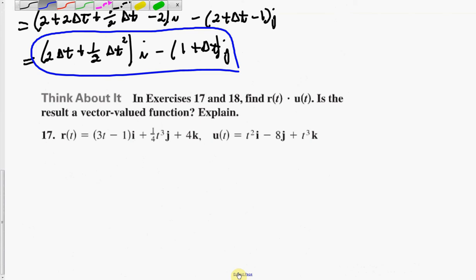In exercises 17 and 18, find the dot product of r(t) and u(t). Is the result a vector valued function? Then it says explain. Well, the dot product is a scalar.